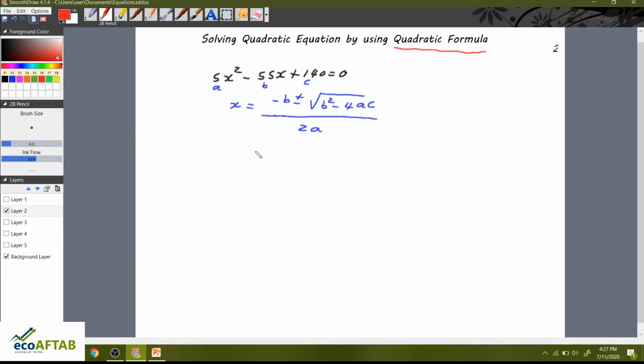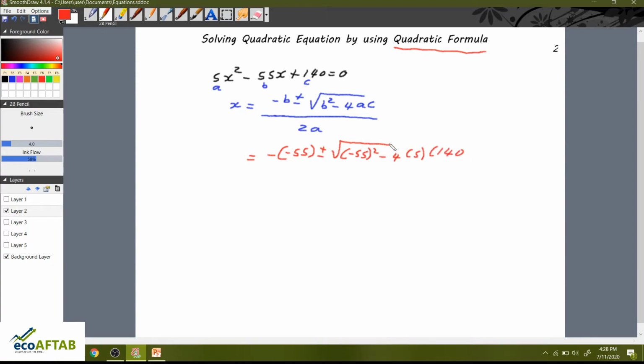So here this is equal to, already we have minus here, so that minus I am writing here, minus b is minus 55, so minus minus 55, plus or minus square root of b square is again minus 55 square, minus 4, a is 5, 4 into 5, and c is 140.